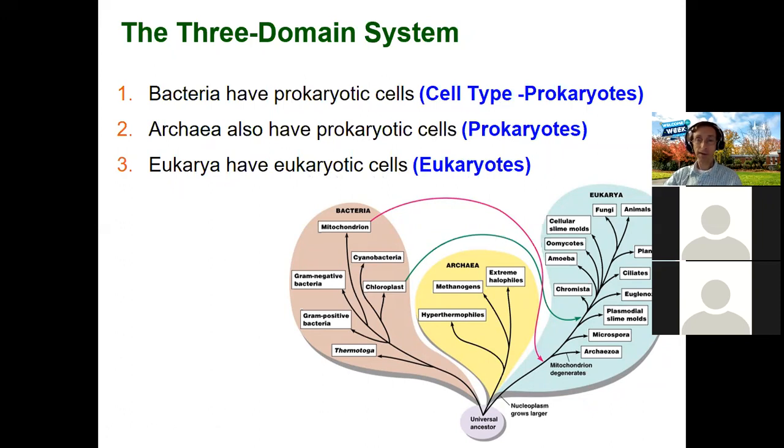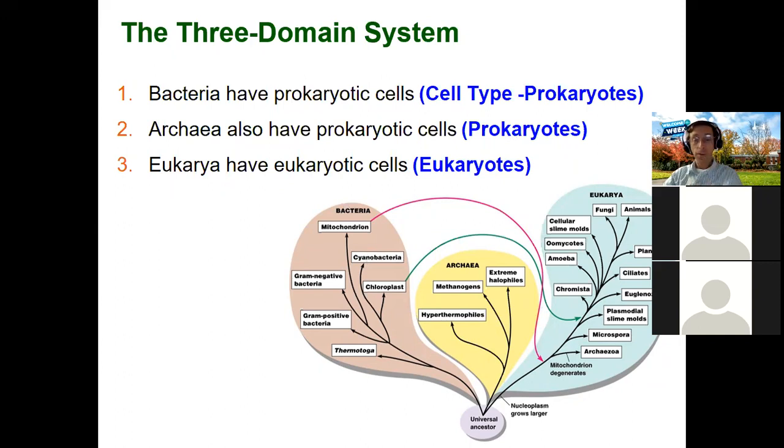Some authors, obviously not our book, will not call this a cell type. They will call it a super kingdom, meaning a kingdom above the other kingdoms. And you could call it a super domain because it's above the three domains. There's only two super domains.